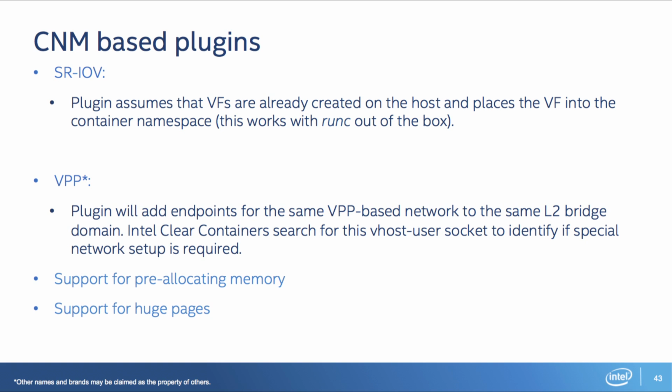We've also added support for huge pages. Huge pages, like I mentioned, are used in DPDK and VPP, and with this configuration support for huge pages, you can configure them easily, and then you can have a DPDK app running inside clear containers in a matter of a few steps.